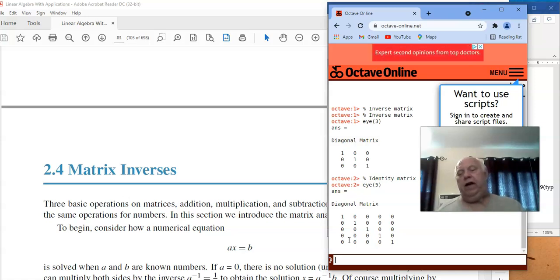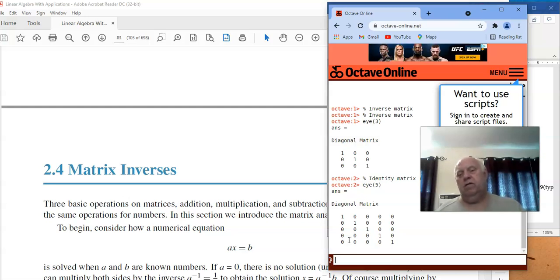So it looks like for any real number, I can find another number to multiply it and get the answer 1. Is that true? It is true, except it's not true for 0. I can never find something to multiply 0 by to get 1, because as soon as I multiply by 0, you just get 0.